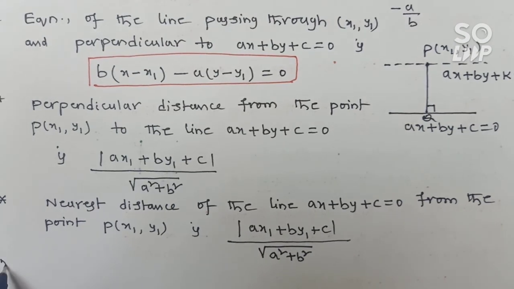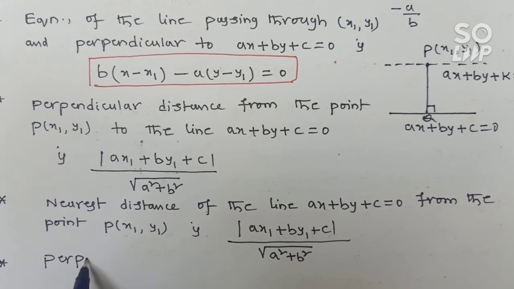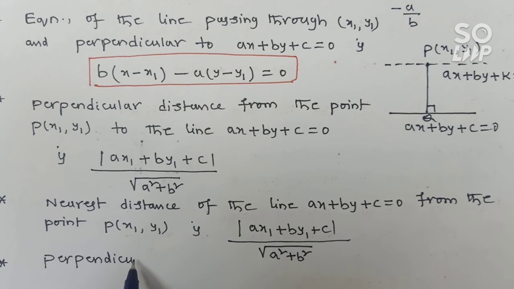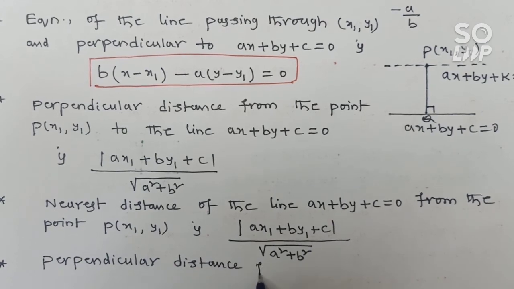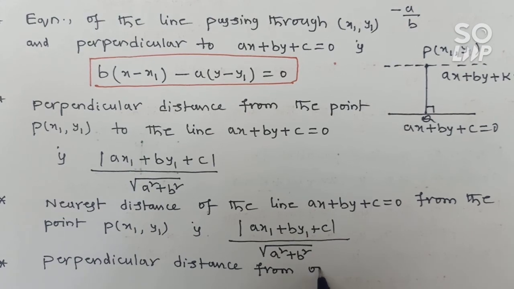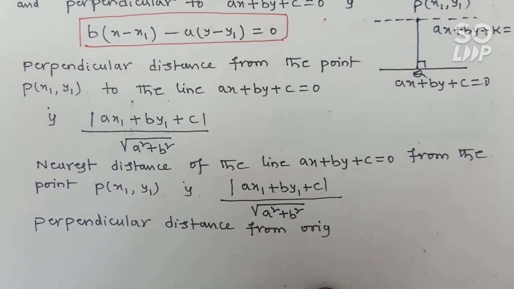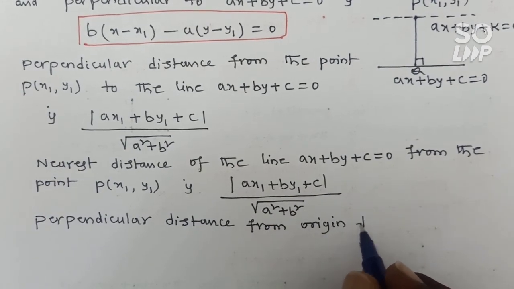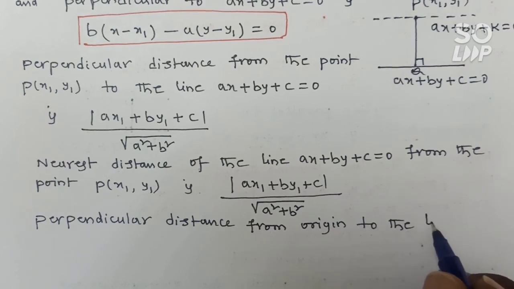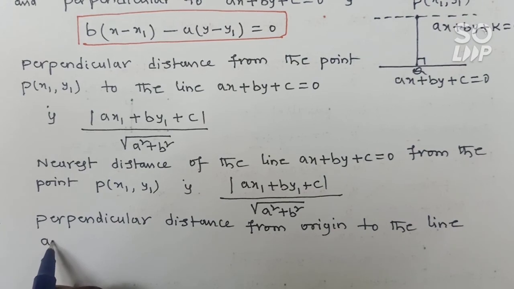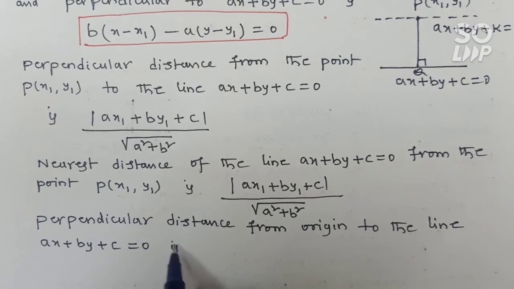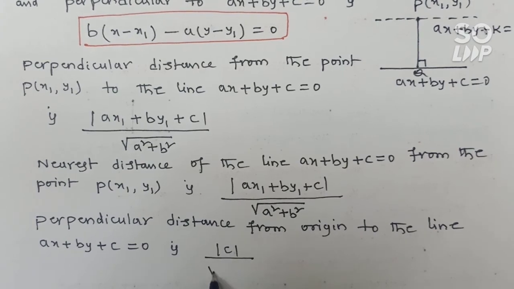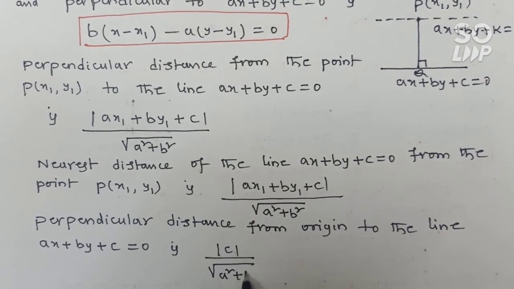So next, if you take x1 comma y1 as the origin, that means the perpendicular distance from the origin to the line ax plus by plus c equals 0 is modulus of c whole divided by root of a square plus b square.